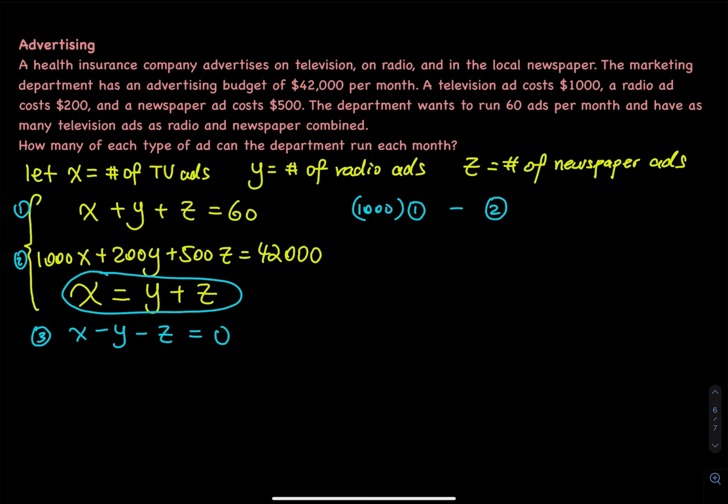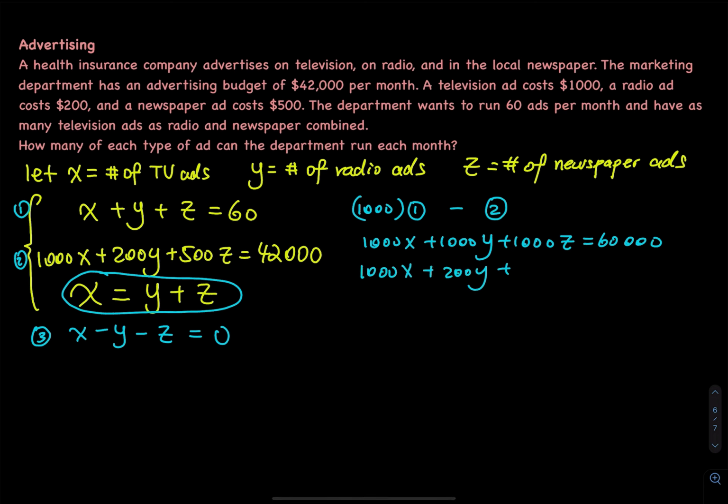So that is 1000 times the left side, 1000 times the right-hand side. So that is 1000x plus 1000y plus 1000z equals 60 times 1000, which is 60,000. And then the second equation, just bring it over: 1000x plus 200y plus 500z equals 42,000.